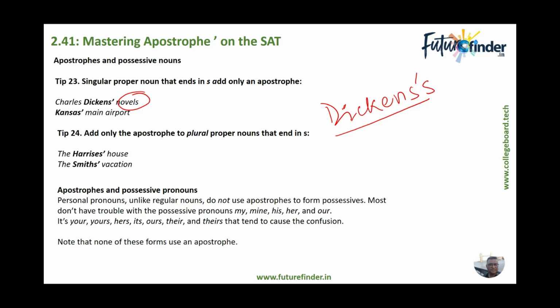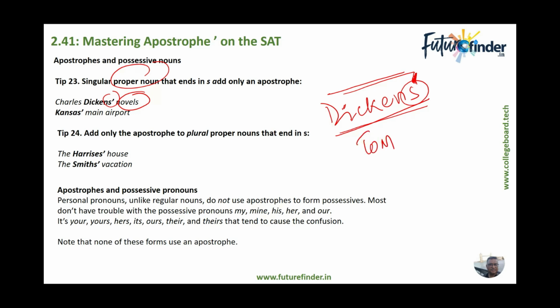The rule says very clearly that if a proper noun ends with an S, you don't need to add an S to the end of it. So Dickens and then an apostrophe would actually mean that this is the possessive form of this proper noun that ends with an S. This only happens with a proper noun that ends with an S, not in case of any other.